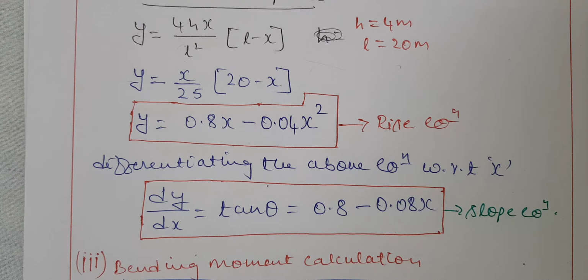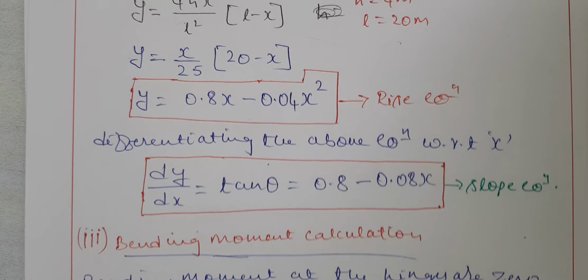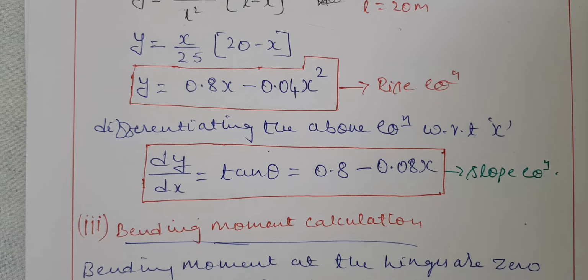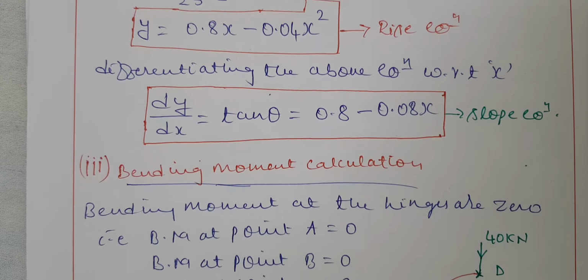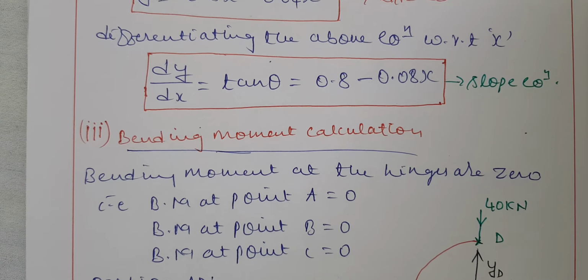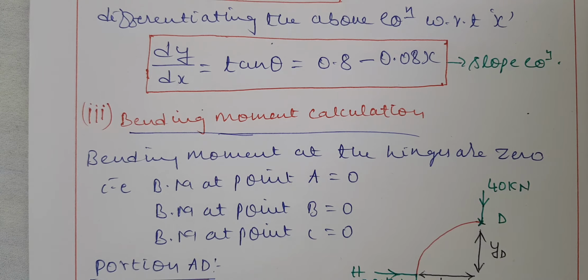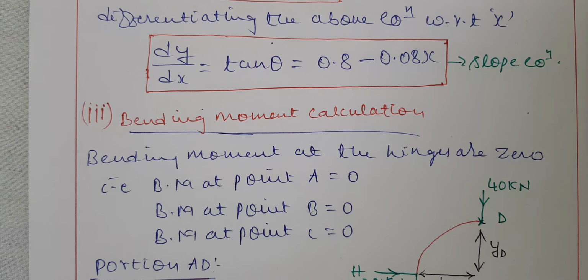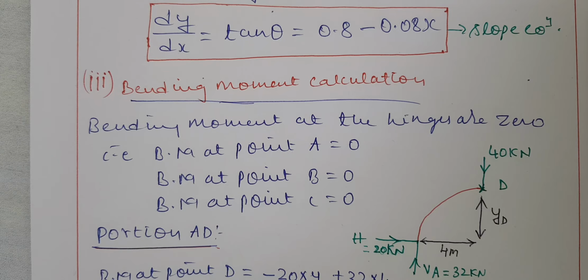Okay, after finding the rise and slope equation, the next step is to calculate the bending moment, and then we have to plot the bending moments in the arches and draw the bending moment diagram. In order to calculate the bending moment, we should know that at the hinges the bending moment is always 0.